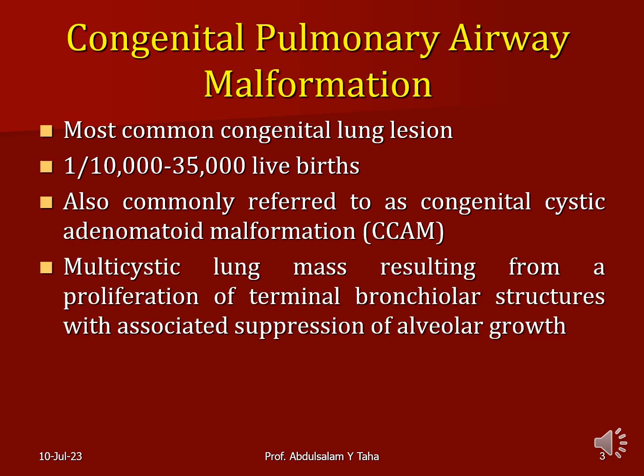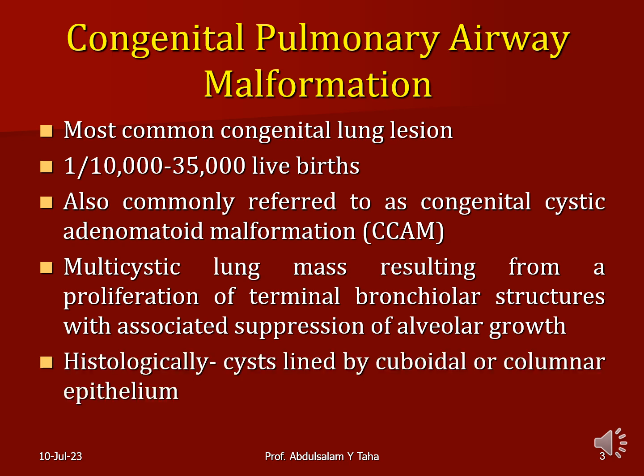It presents as a multicystic lung mass resulting from a proliferation of the terminal bronchiolar structures with associated suppression of alveolar growth. Histologically, it consists of cysts lined by cuboidal or columnar epithelium.